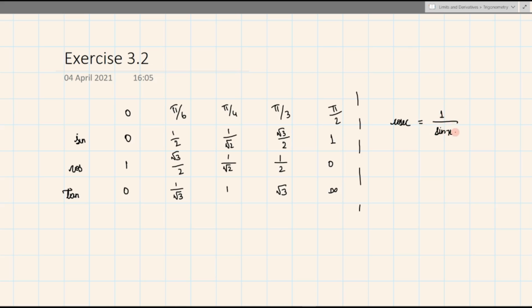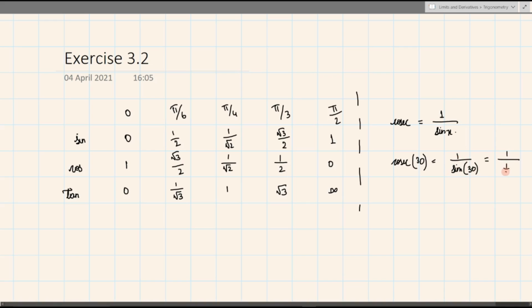For example, if we want to find cosecant 30, that would be 1 by sine 30, that is 1 divided by 1 by 2, which is nothing but 2. Similarly, secant is equal to 1 by cos, and cot is equal to 1 by tan.